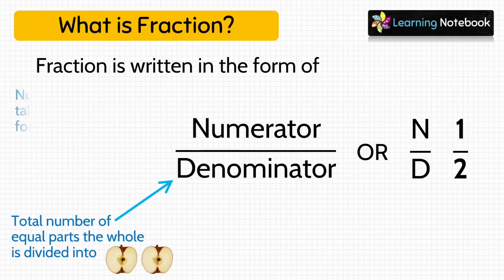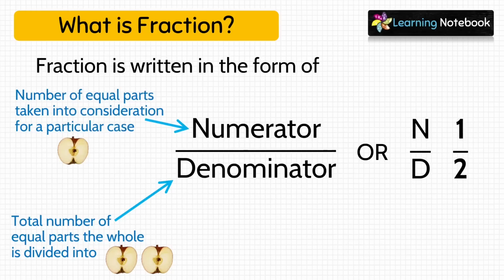Now what is numerator? The number of equal parts taken into consideration for a particular case is called the numerator. In the same example, the numerator would be 1. So our fraction would be 1 by 2.